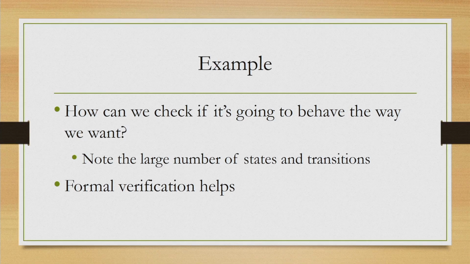Manual checking is difficult, because if we try to draw this entire state transition diagram on paper or a screen, then it will become so clumsy and complex that we are likely to miss many properties because of this complexity of display.